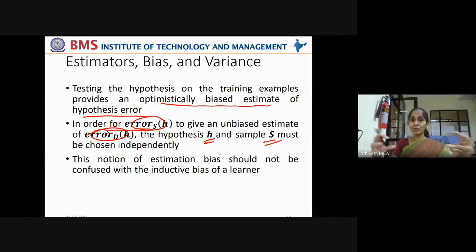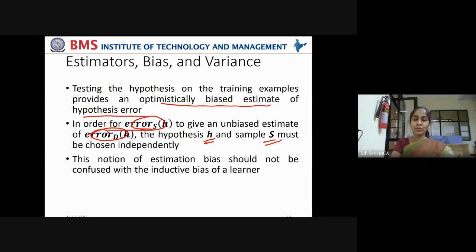You should not cook up your data. You should not try to forcefully fit your sample with your hypothesis or your hypothesis with your sample. They should be chosen independently in order for the sample error to give an unbiased, almost near estimate of the true error.